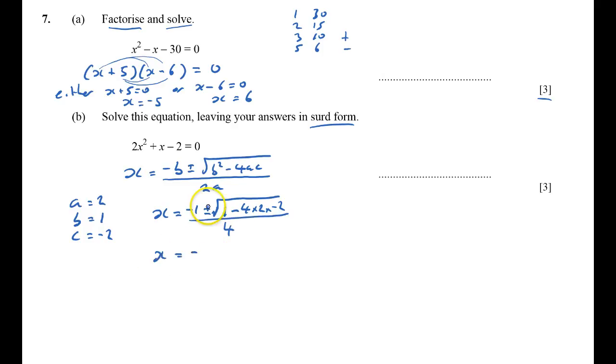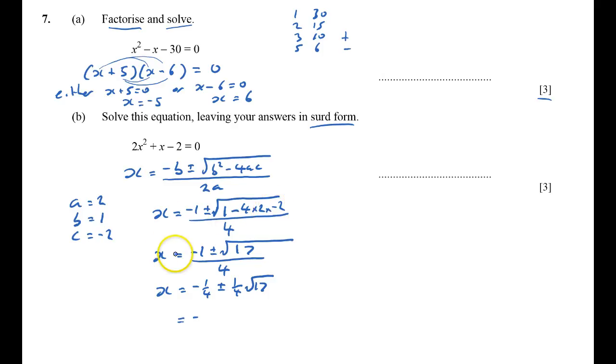So I get x equals minus 1, plus or minus the square root of, let's work out this bit here. 4 times 2 is 8, times 2 is 16, and I've got minus times a minus, which makes a plus, so that'll be 1 plus 16, that's 17, over 4. That would probably do, but they might want you to split it up to get minus a quarter plus or minus a quarter of root 17, and that would certainly be okay.